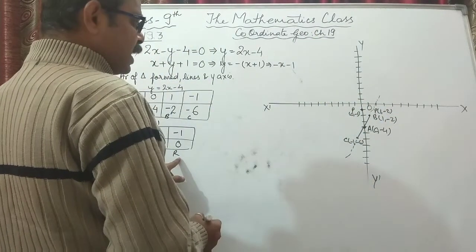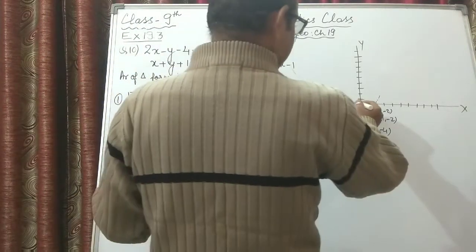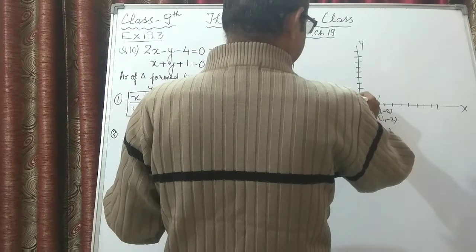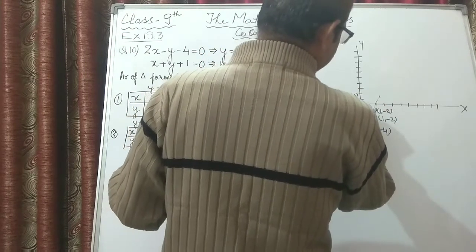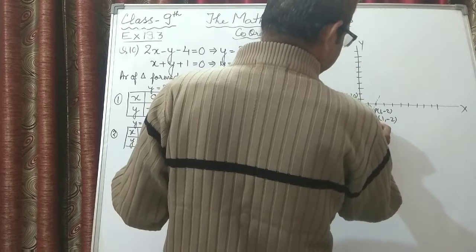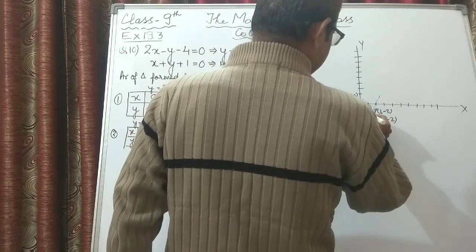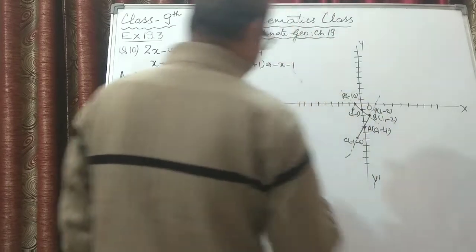And R is minus 1, 0. When we join these points, we get a straight line that can be extended in both directions. Now we see that these lines intersect at this common point.